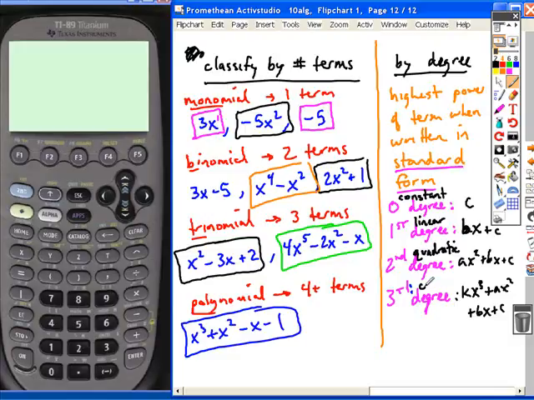For a third degree, cubic. Fourth degree is a quartic. And anything beyond that isn't going to have any special name assigned to it.